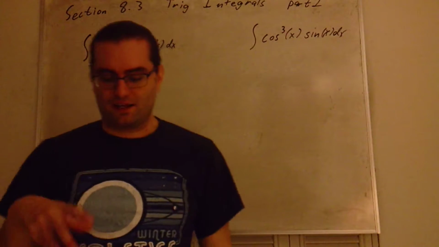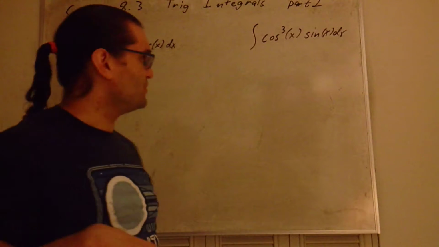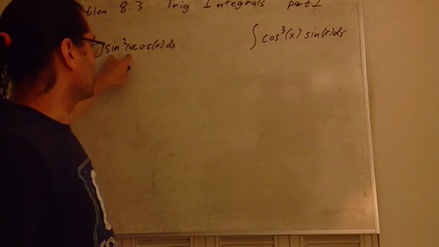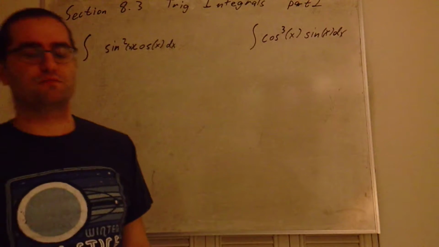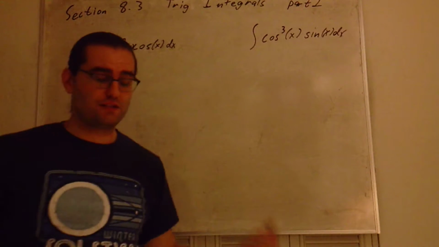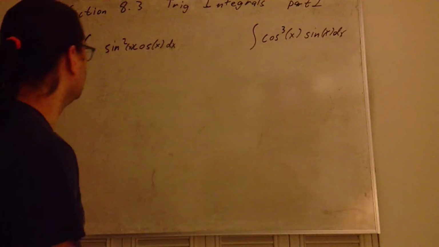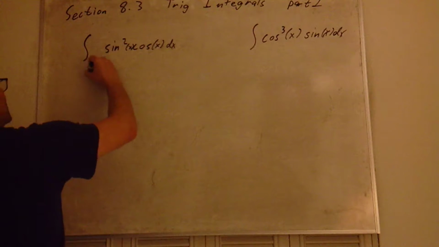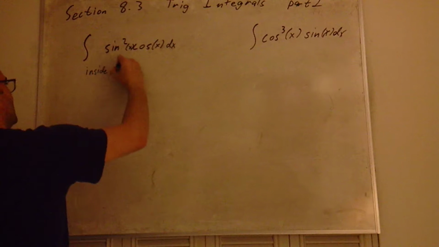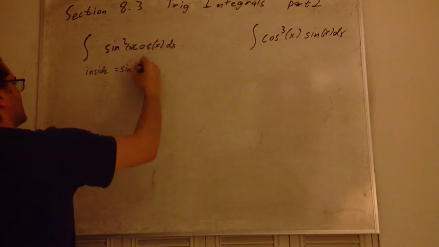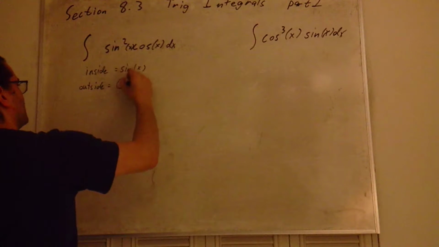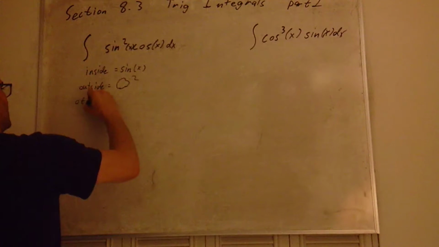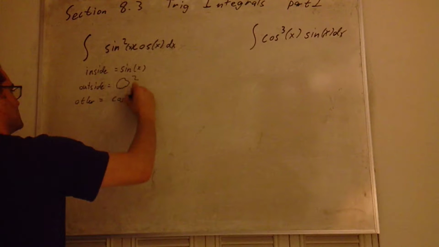Anytime we're in that kind of situation, we should be looking at that and thinking, this is a compound function, I bet I need to use substitution here. And that's correct. Here the inside is sine x, the outside is the blob squared, and the other is cosine x dx.